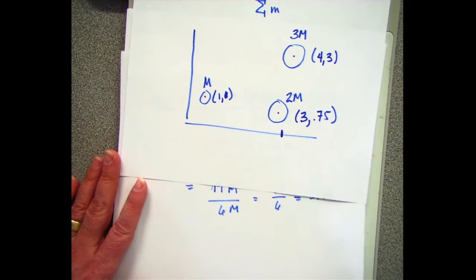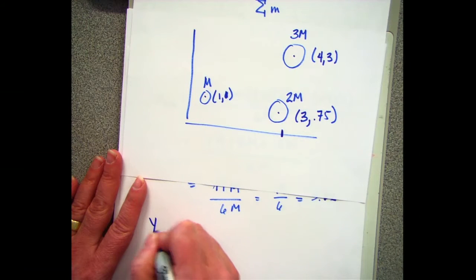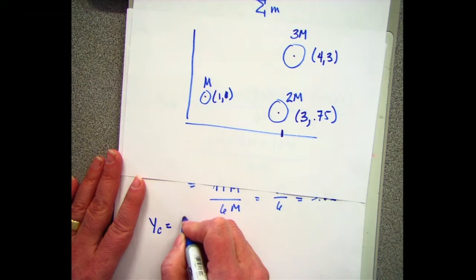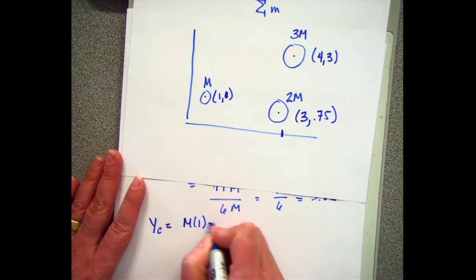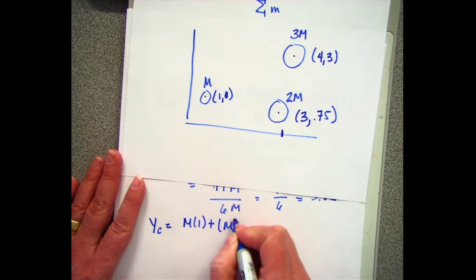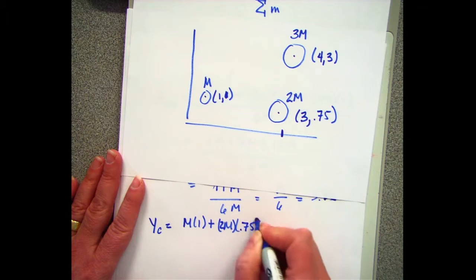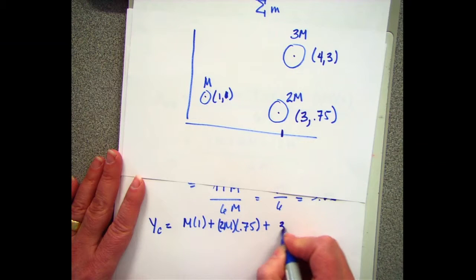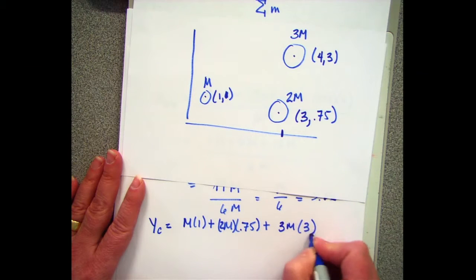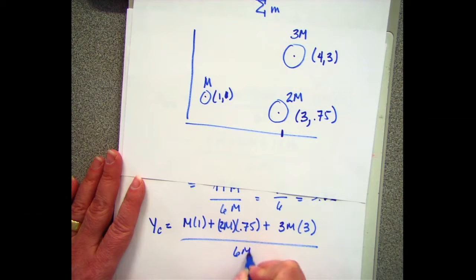And then I can do the y component, and that's going to be m times 1, 2m times 0.75 plus 3m times 3, all divided by 6m. So it gives me 1m plus 1.5m plus 9m divided by 6m.